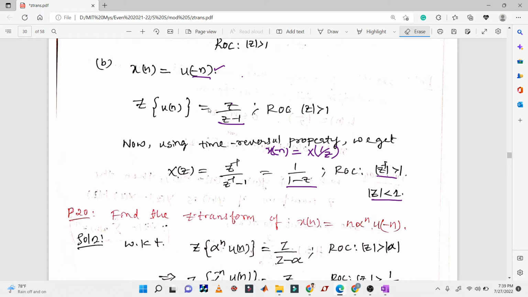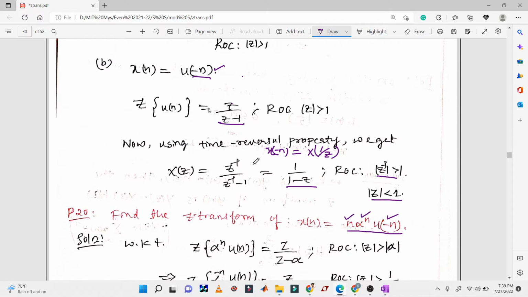Now again a similar kind of problem has been asked in the previous year question paper. This is an important problem. You can see this is time reversal, this is multiplication by an exponential, then differentiation. So first alpha power n u of n we can calculate.